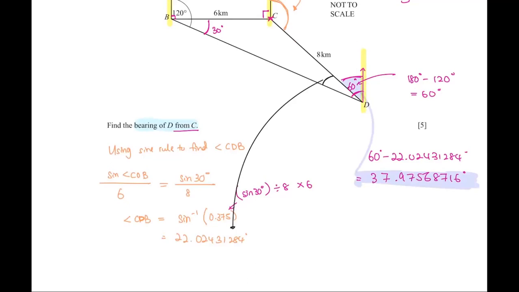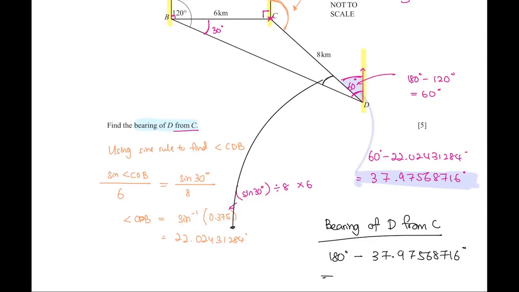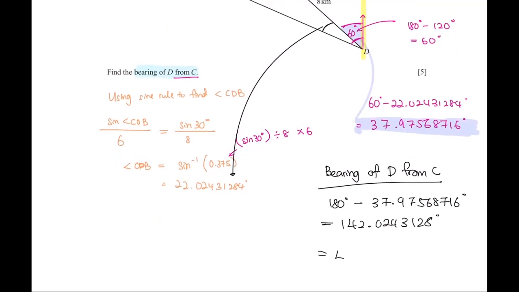Now I just need to find the last one, the bearing of D from C. 180 minus 37.97568716 is 142.02431, and I can just put 142.